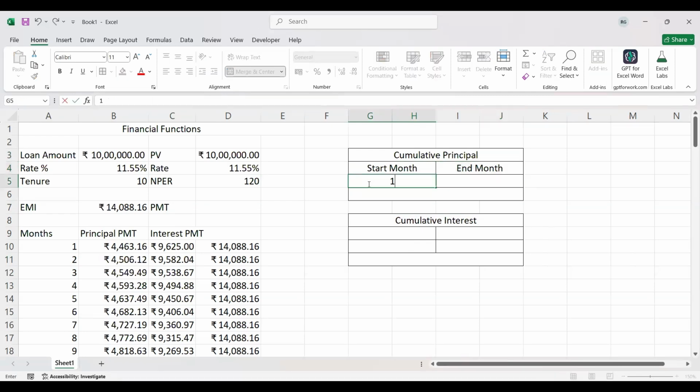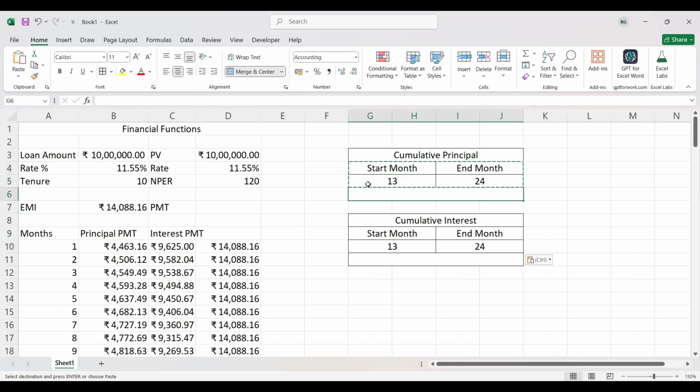So I'm just defining over here 13 and over here 24. So you can also set over here some validation that end month should always be greater than the start month. That of course data validation you have to check. Check my video which I have made on data validation. There you will get to know how it can be done. Same thing I'll just use over here also.